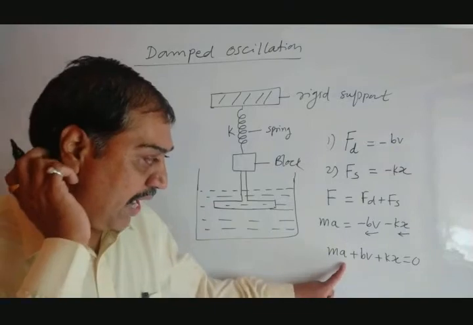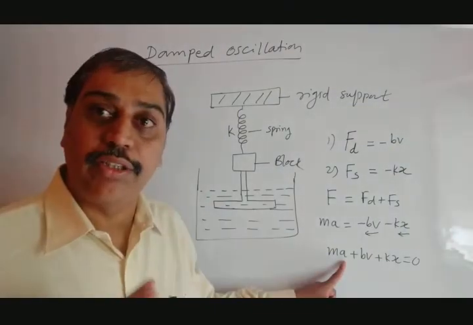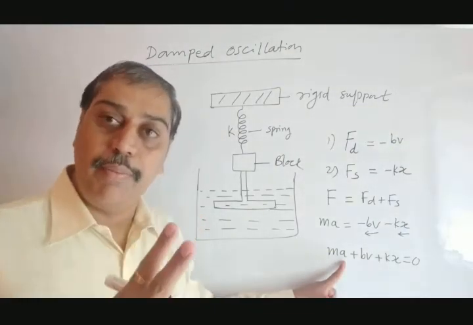Now put the value of A. What is A? Rate of change of velocity, which means double rate of change of displacement.